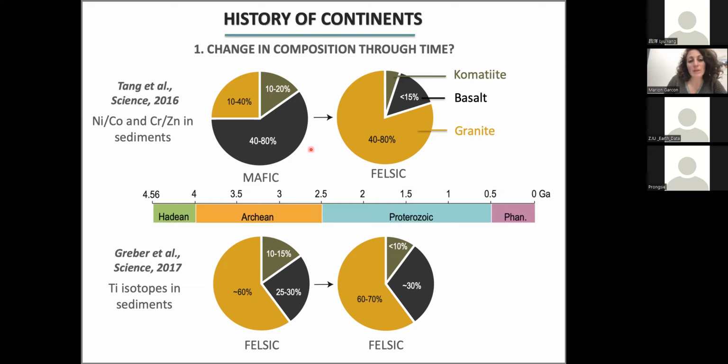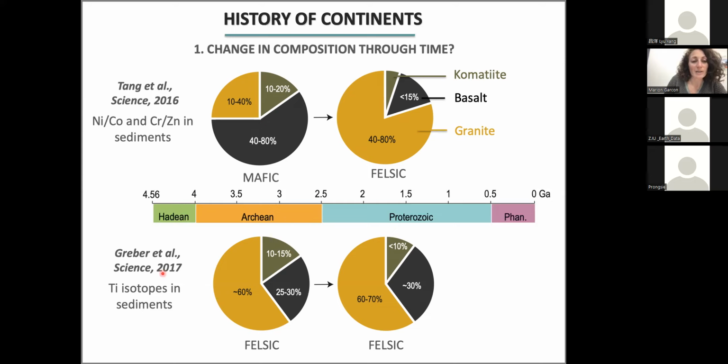And then there is a transition at the end of the Archean, beginning of the Proterozoic, between 2.5 and 3 billion years, towards a crust that becomes very much felsic and looks like the one we have today, with a larger proportion of felsic lithologies in it.